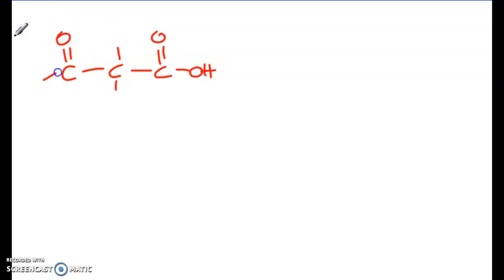So let's take a look at, and I'm going to do different colors for the different substances. So I'll do red for our carboxyl groups. So we'll do this with 3 carbons. So this is really propanedioic acid.